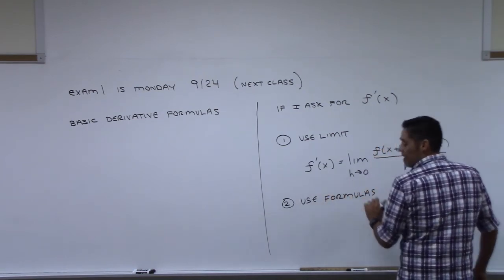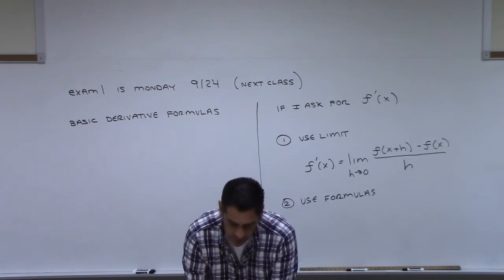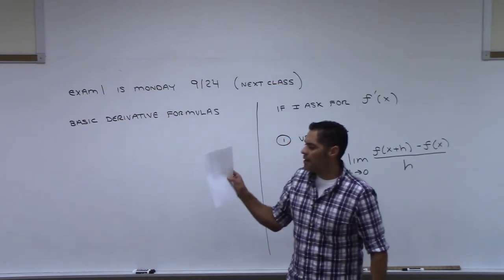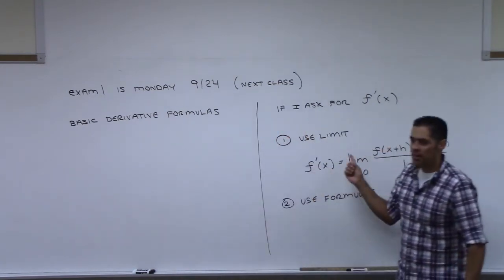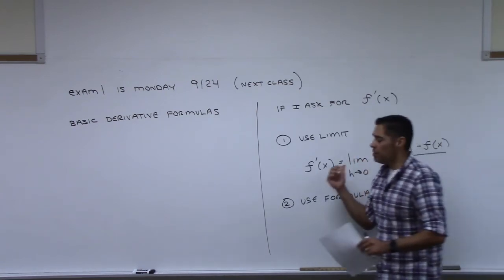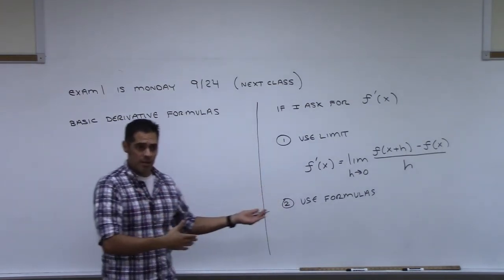So on the exam, just like on the review, I say here, find f prime of x using the limit definition. That means I'm telling you you have to use that, okay? If I don't tell you to use the limit definition, then that means you can use the formulas, all right?